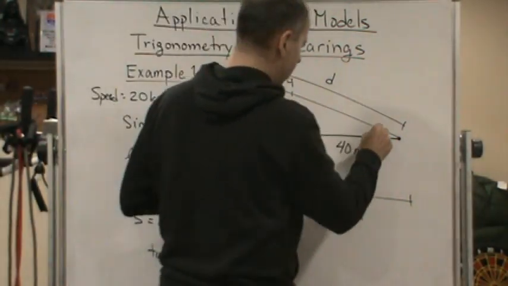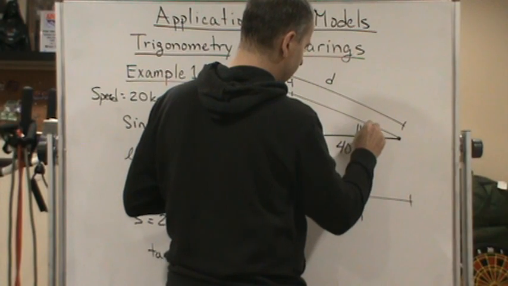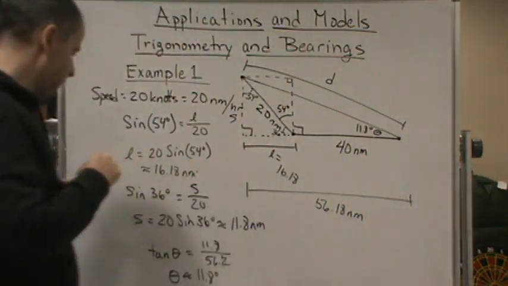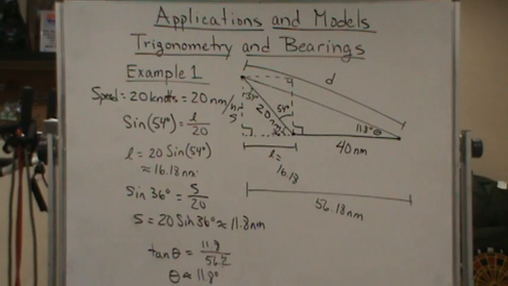Okay, so this is going to be 11.8 degrees approximately. All right, so now we want the angle from north, right? Because we want from the north-south line.